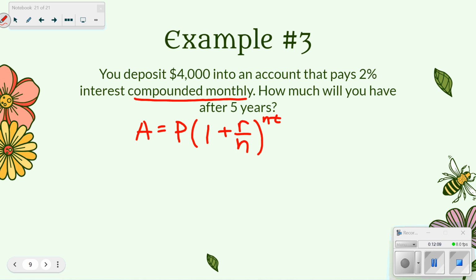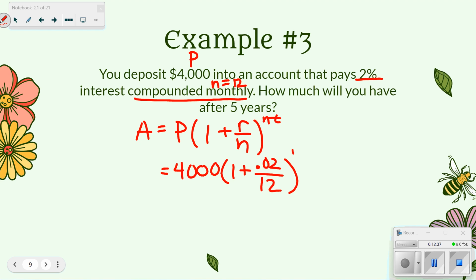So let's figure out all my values. $4,000 is my initial principal. And this pays 2% interest, which is my rate, so 0.02, over my N. If I'm compounded monthly, that's going to happen 12 times a year, 12 months in a year. So over 12, raised to N times T, so 12 times my T, which is 5, because I want to know how much money I will have after 5 years.